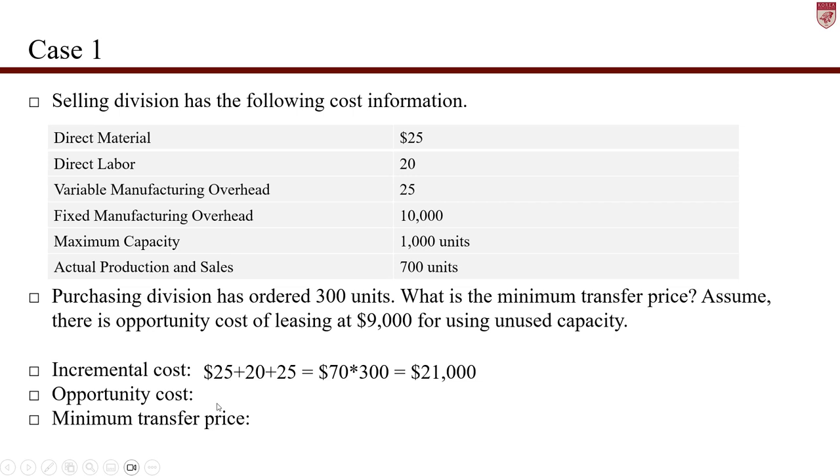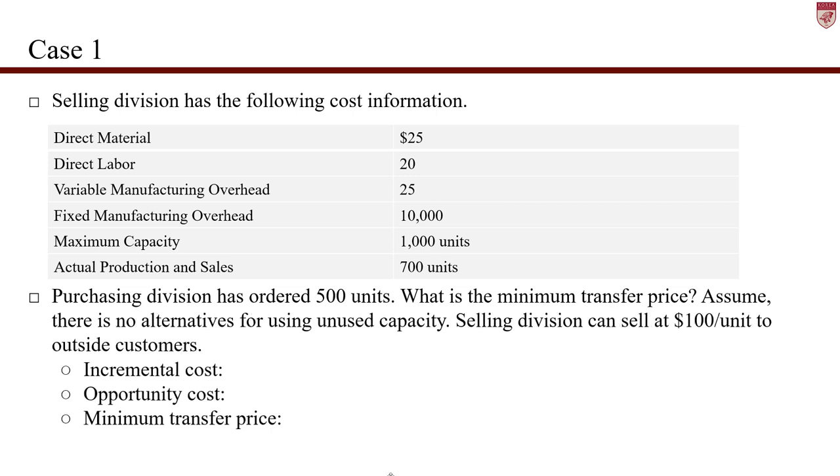Opportunity cost is going to be $9,000. So the minimum transfer price is going to be based on the sum of the incremental cost and opportunity cost, which is the total cost. And we're going to make it per unit, so we divide by 300 units to reach $100 per unit. So this is going to be our new minimum transfer price.